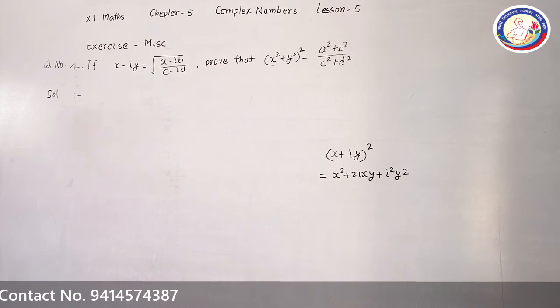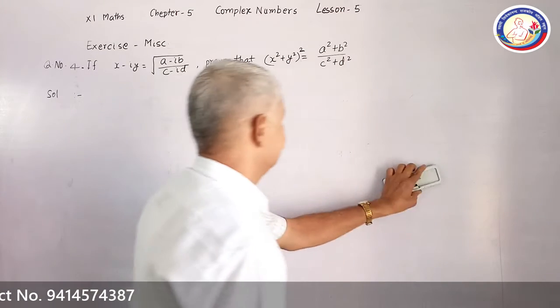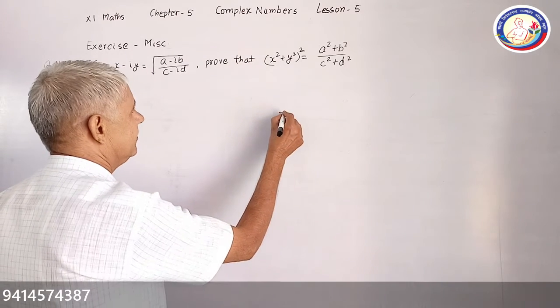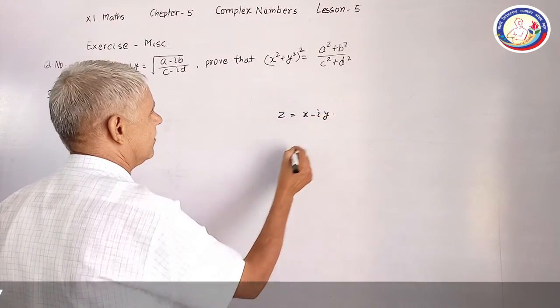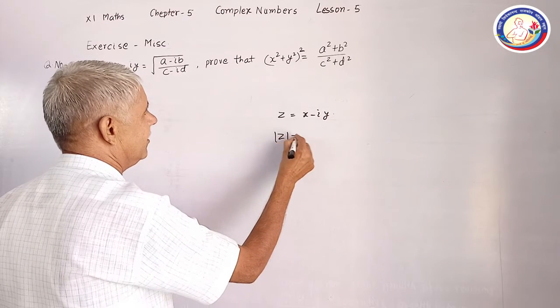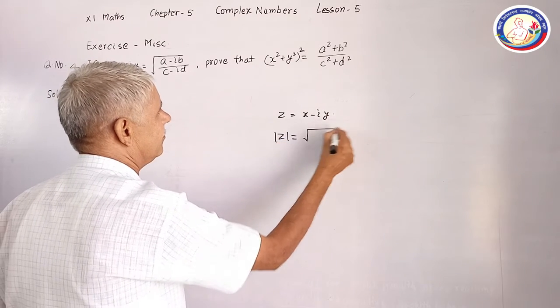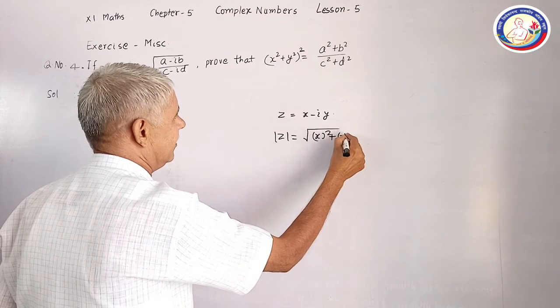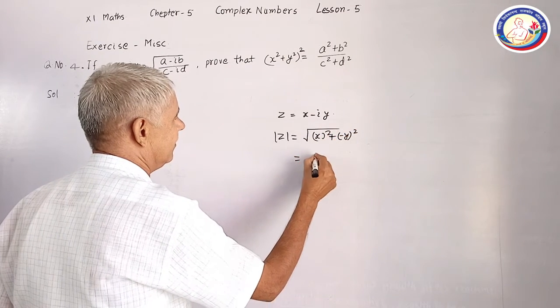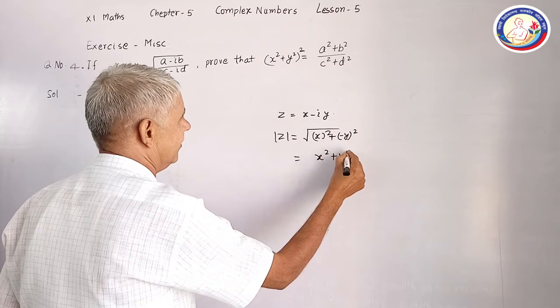If we find the modulus of this, set z equal to x minus iota y, then the modulus will be square root of x square plus minus y square. It will be square root of x square plus y square.